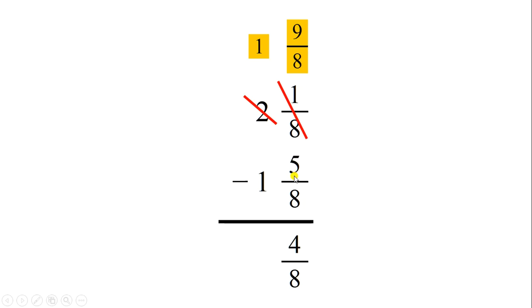So now I'm ready to try. 1 minus 1 wholes is 0, and then we have 9/8 minus 5/8. The denominators stay the same, and then we have 9 minus 5, that is equal to 4. In this situation, I always recommend that you try the fractions first. That way, you see whether you need to ungroup a whole or not.